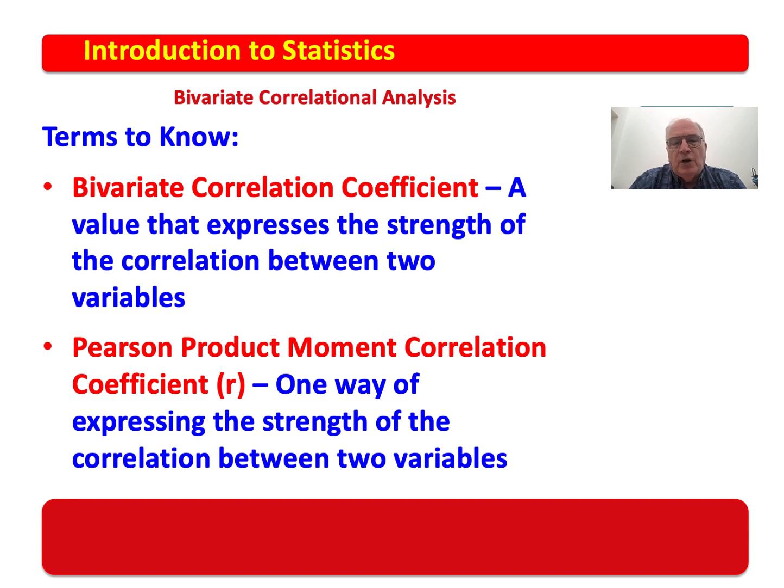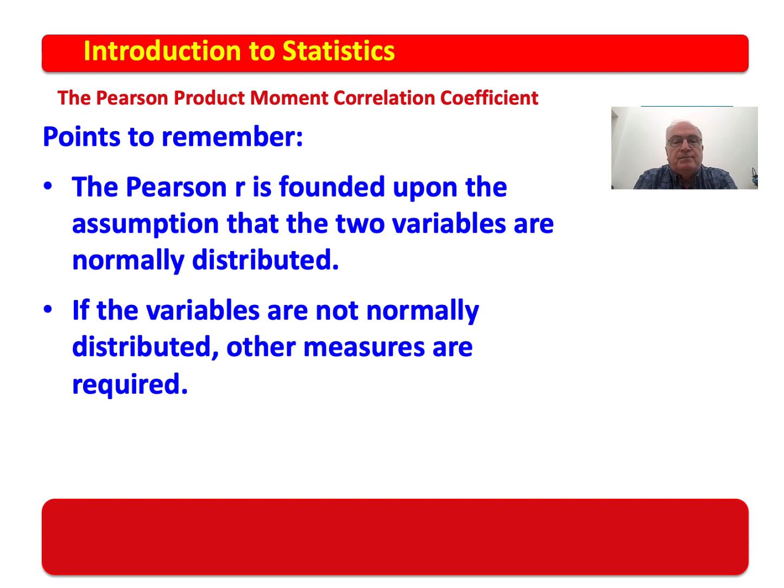The Pearson product moment correlation coefficient, which is represented by the small letter r, is one way of expressing the strength of the correlation between two variables. And we will be able to look at the r value and we will know whether it is positive or negative. We will be able to tell whether it is weak or strong or in the middle, a moderate correlation.